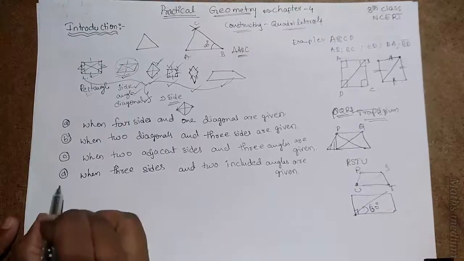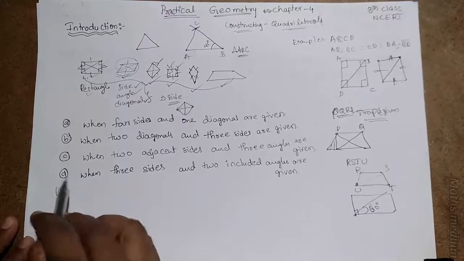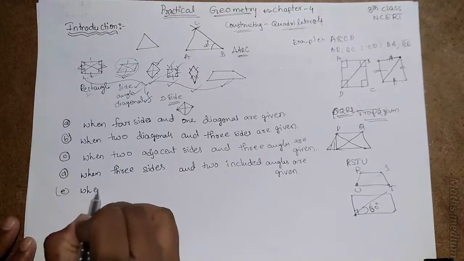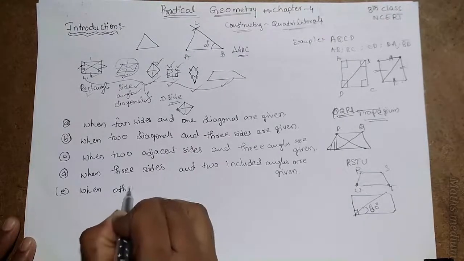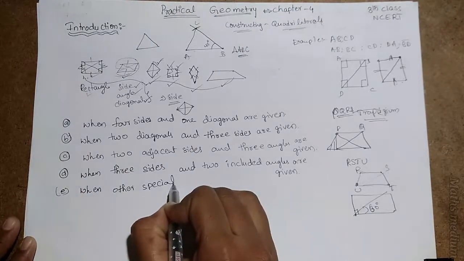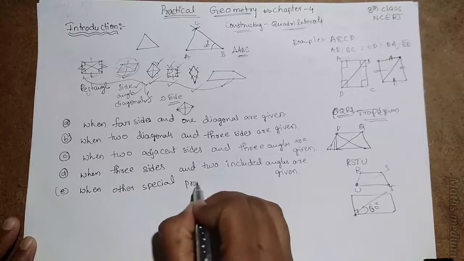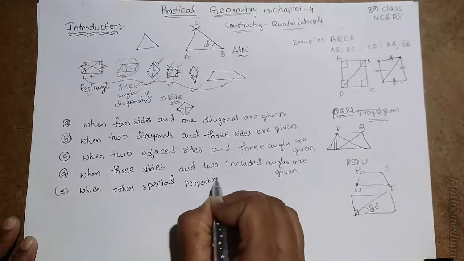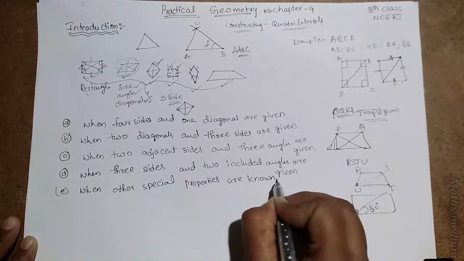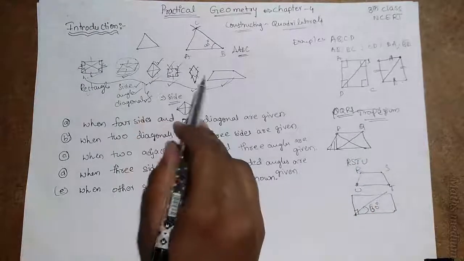So next, coming to the E, this is the special type of properties. So when other special properties are known, I already told you these 2 are special type.